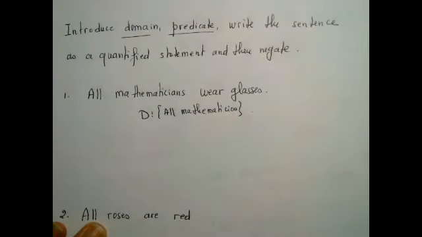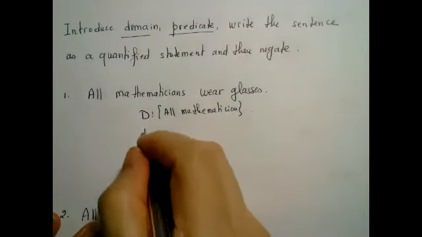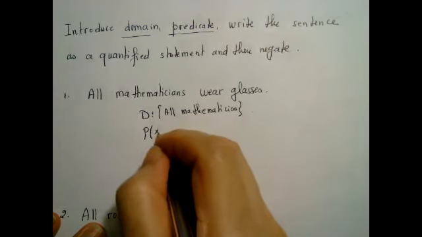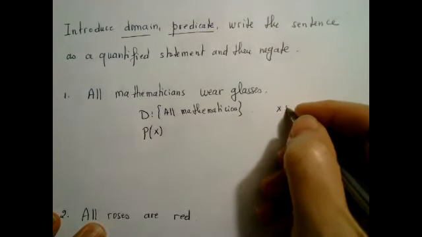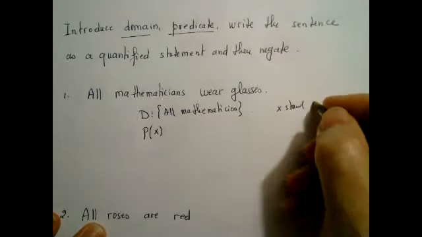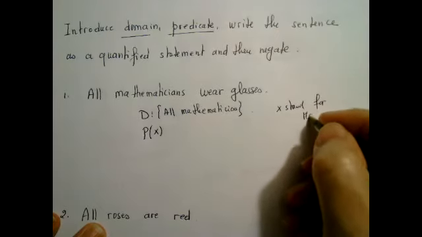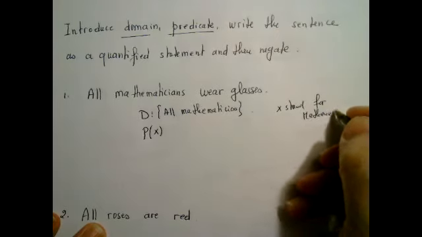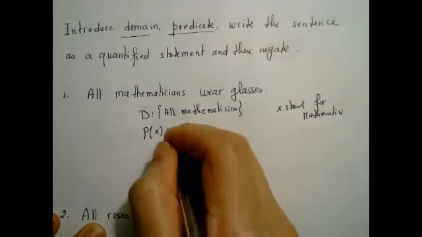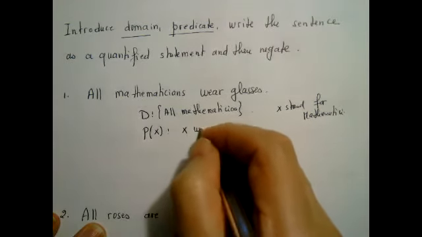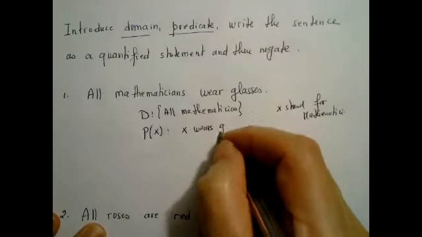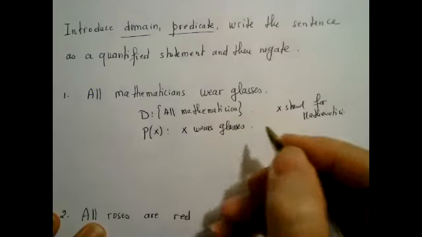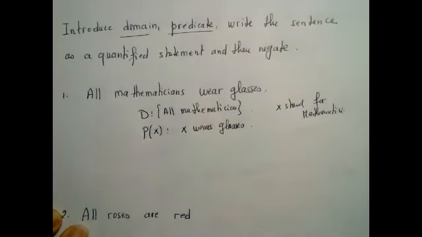My predicate, P of x, means here x stands for a mathematician. P of x is: x wears glasses. Okay, so my sentence becomes very clear.